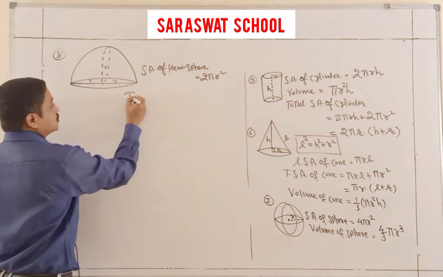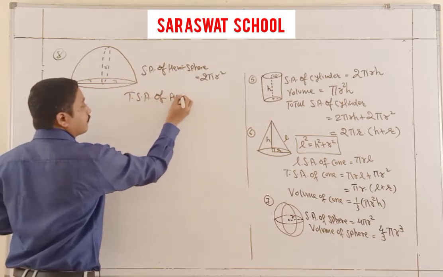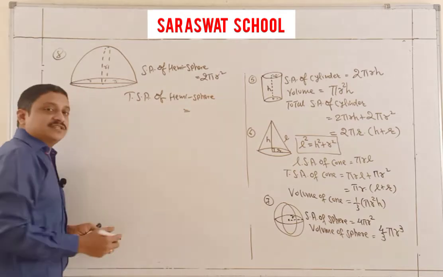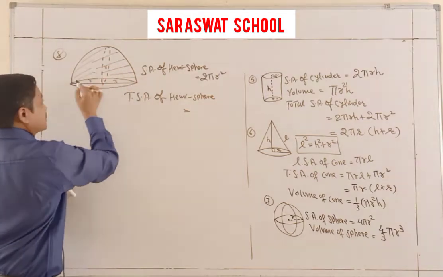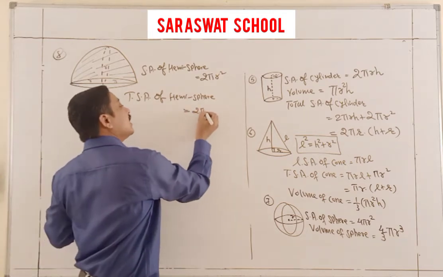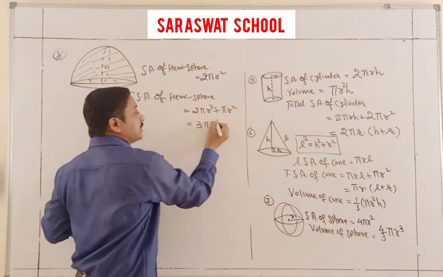Now the total surface area of the hemisphere. Students, total surface area means 2 pi r square plus the bottom circle added, so 2 pi r square plus pi r square gives 3 pi r square.